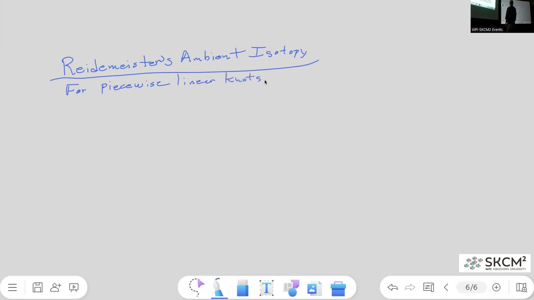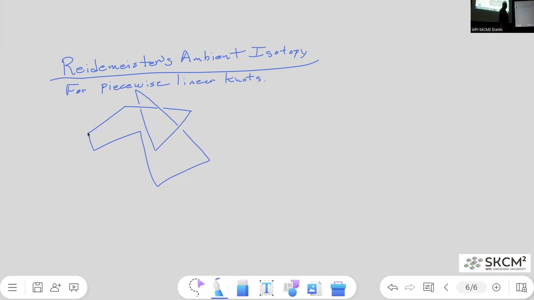So his knots are all made of straight sticks, like this. Imagine that in space, okay? I've probably drawn it so it could be realized by straight sticks in space. And that's a knot for Reidemeister. That's the kind of knot he was interested in. And you can represent all your knots that way.